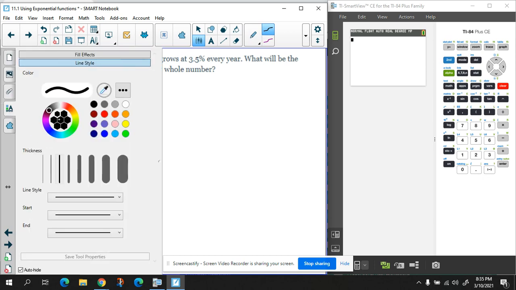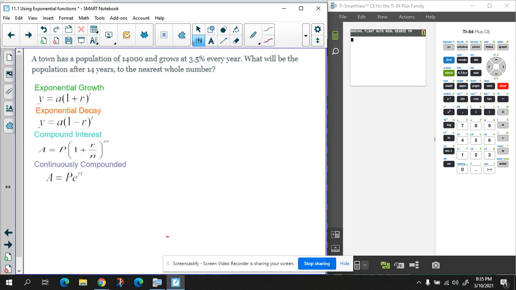And I'd like to get my markers to be a little thinner. Okay. So since it is exponential growth, we'll start out with the top formula. The A is the amount we begin with. So initially the population is 14,000.